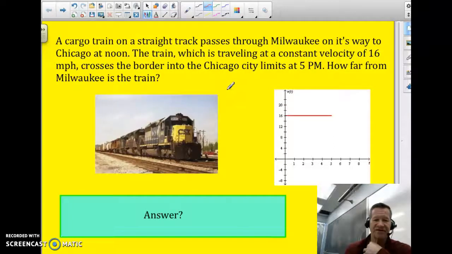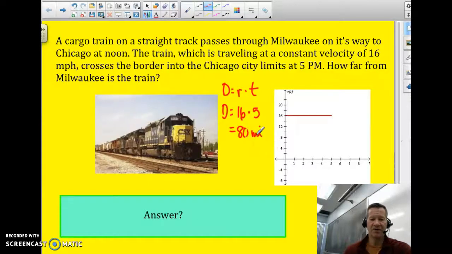So we can just say distance equals rate times time, and to find how far from Milwaukee the train is, we would take the rate of 16 miles per hour times time of 5 hours, and we would get 80 miles.